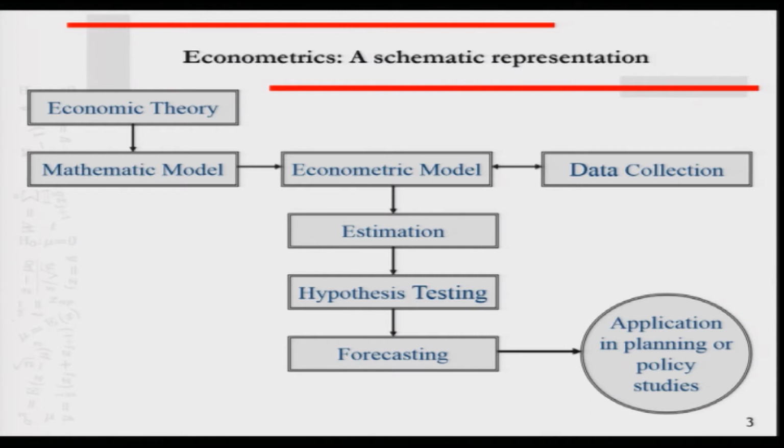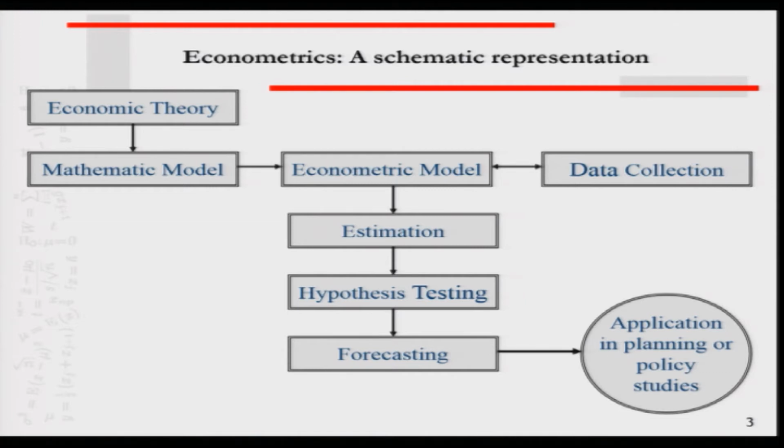You will never know the actual values of the population parameter, you can only calculate a proxy. Now how to calculate in the most efficient way, how to get very good proxies, that is the subject matter of estimation. And once the proxies are obtained, then you try to draw some inference or conclusion from the estimated equation, and that is the subject matter of hypothesis testing.